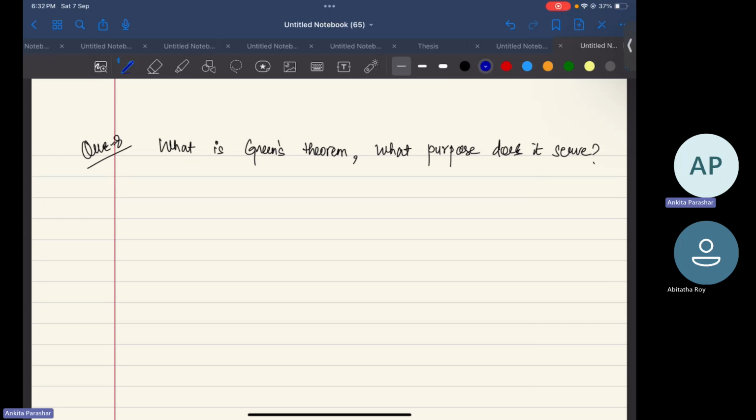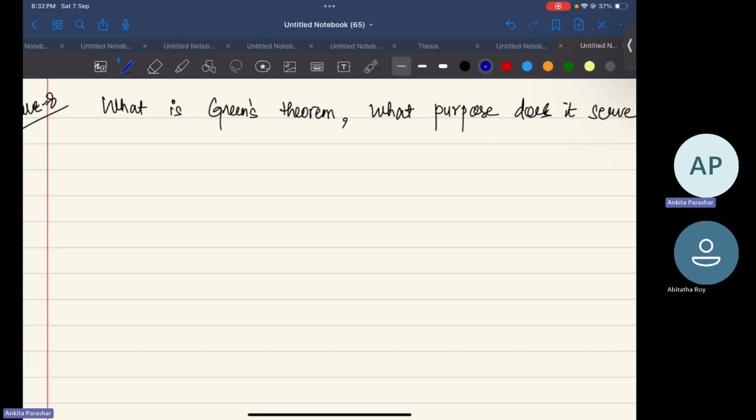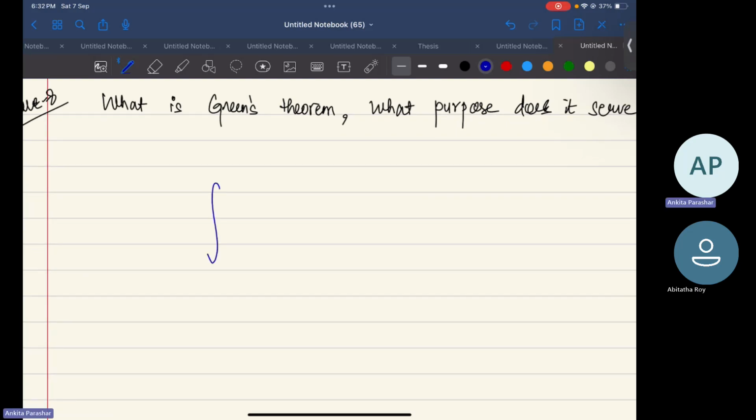Naturally, one would ask whether we can relate one of these with the other. Just like you remember the single integral of f(x) dx from x1 to x2, I would write it this way: dy dx, y from 0 to f(x), x from x1 to x2.